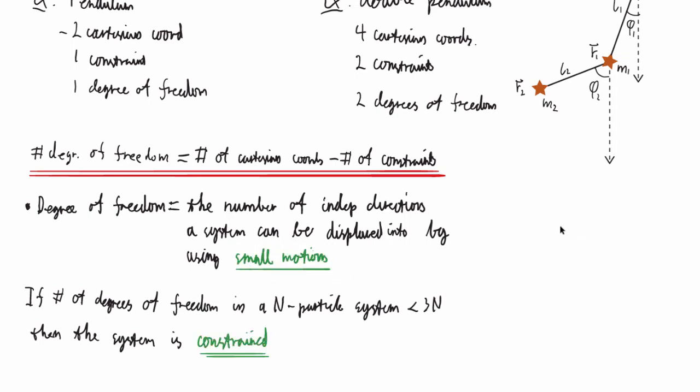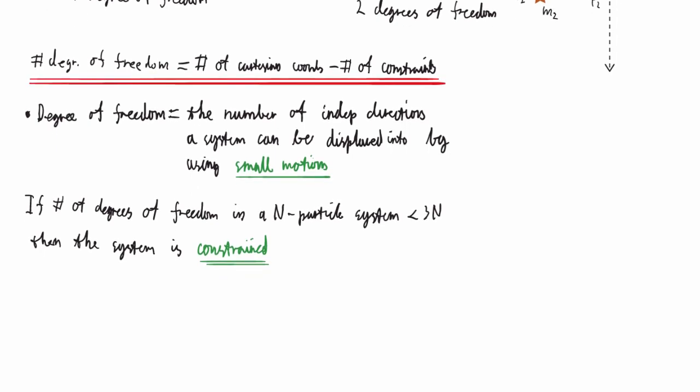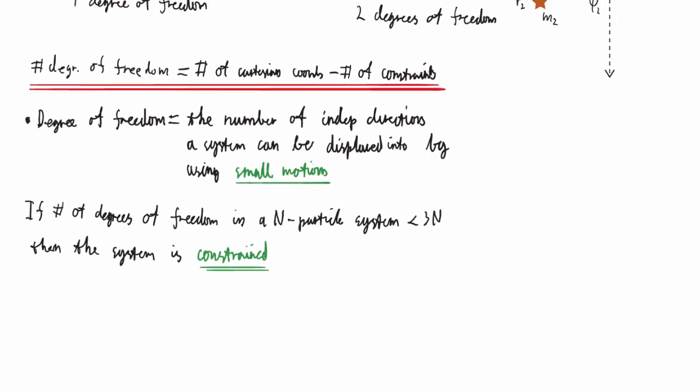Now, just because you have a constraint, and that reduces the number of degrees of freedom from 3n to something less, that does not mean necessarily that the Lagrangian approach will work. There's one other thing that we need, and that's what's known as a holonomic system. So I have to define that as well.